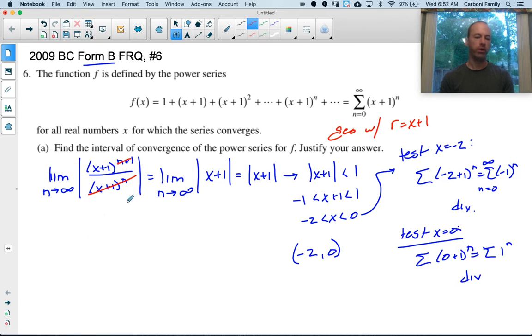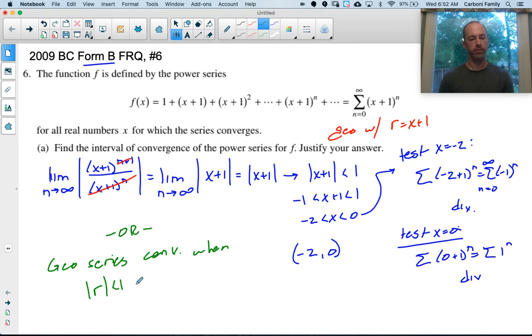And if you want to look at it from the perspective of a geometric series, we could say that a geometric series converges when the absolute value of the ratio is less than 1, which will end up giving you the absolute value of x plus 1 is less than 1, which we've already shown over here that answer ends up being negative 2 to 0.